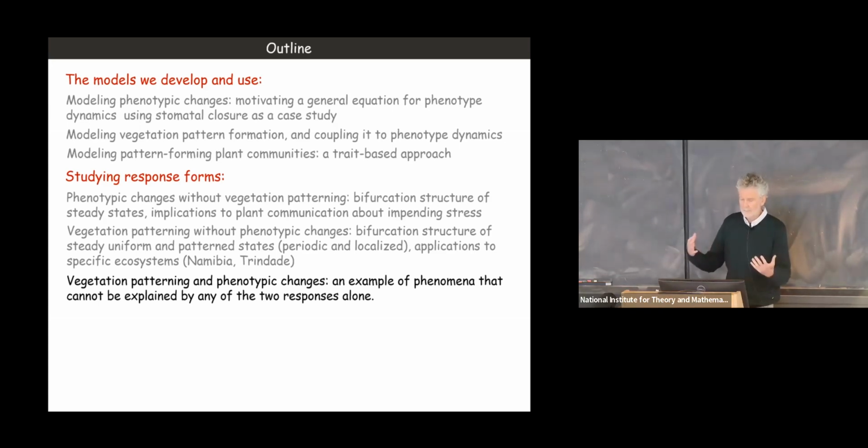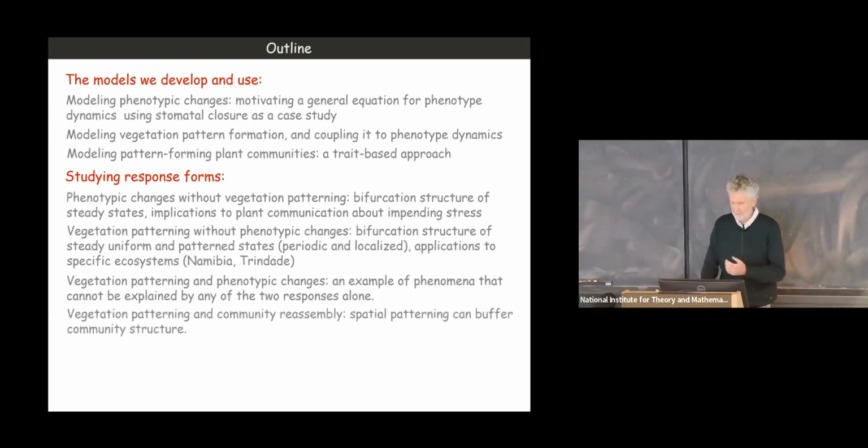And then I'll consider the more complicated case of vegetation patterning and phenotypic changes, and discuss an example of phenomena that cannot be explained by either of the two responses alone. And finally, I'll consider vegetation patterning and community reassembly. And here, I hope I'll have enough time for that. I'll show, according to the model studies, that spatial patterning can buffer community structure.